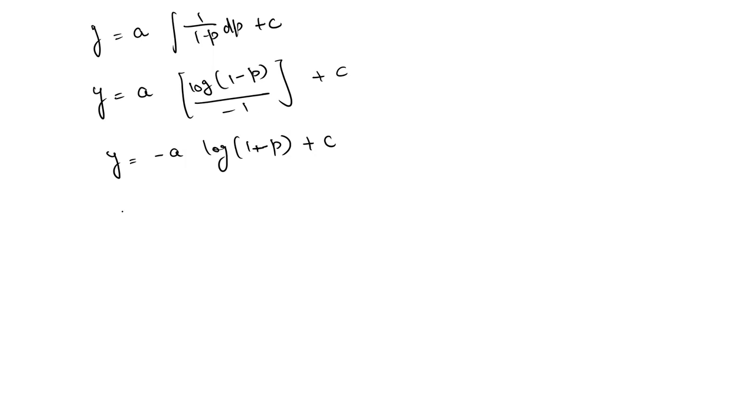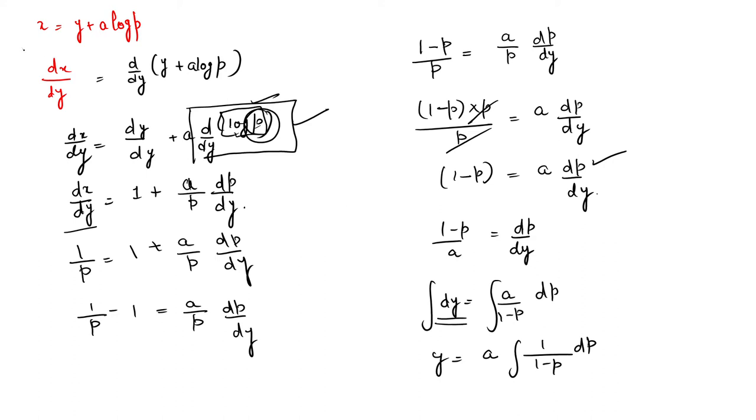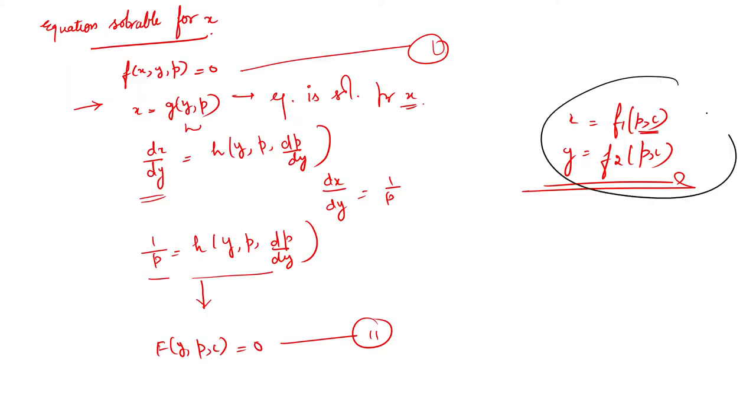We can't say it is a solution, as in this case we see that from this equation, which is our solution, and from the previous equation, we are not able to find the value of p, and we are not able to eliminate the value of p. So it means that our solution can be of this type.